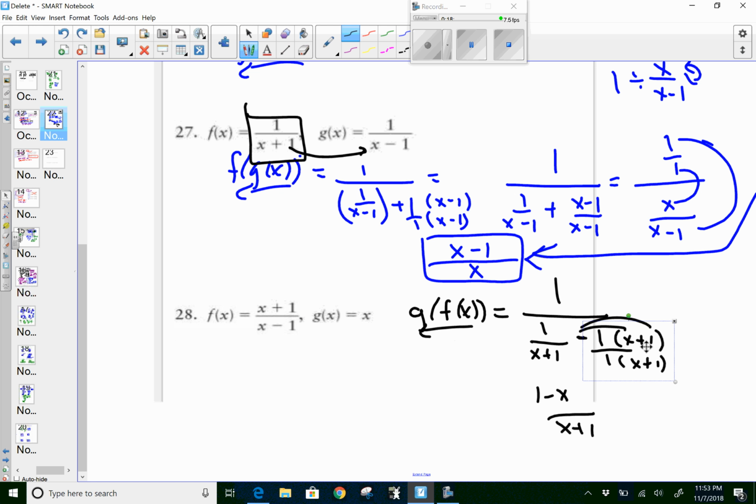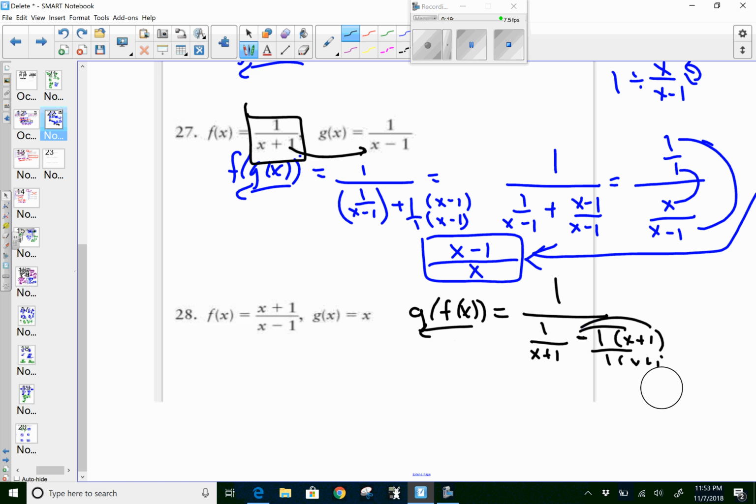And negative times a positive is a negative 1. 1 minus 1 cancels out, and I'm left with a negative x on the top and an x plus 1 on the bottom. So this whole thing is the denominator. This whole thing is under a 1. Okay. Maybe that last part was a little confusing.